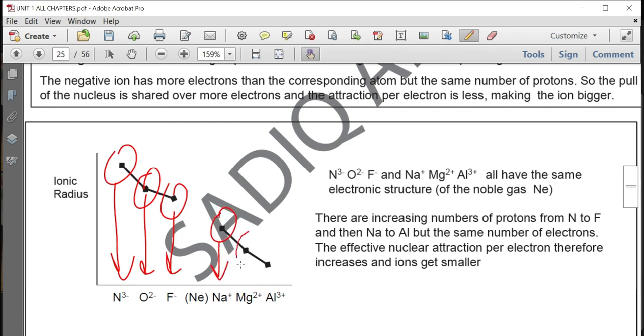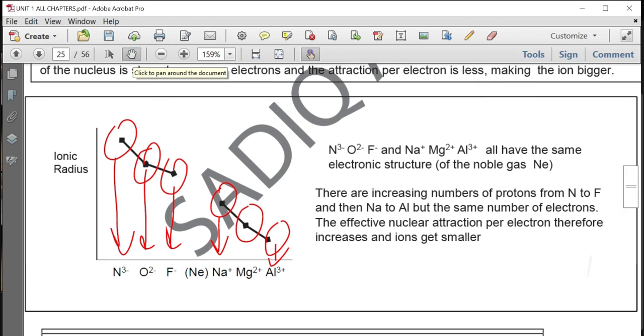Sodium has +1 charge, the pull on electrons is more. Magnesium has a 2 plus charge, so the pull on electrons is much more. And aluminium with 3 plus charge, the pull on electrons is much more. So that's why the ionic radius is being reduced in this case.